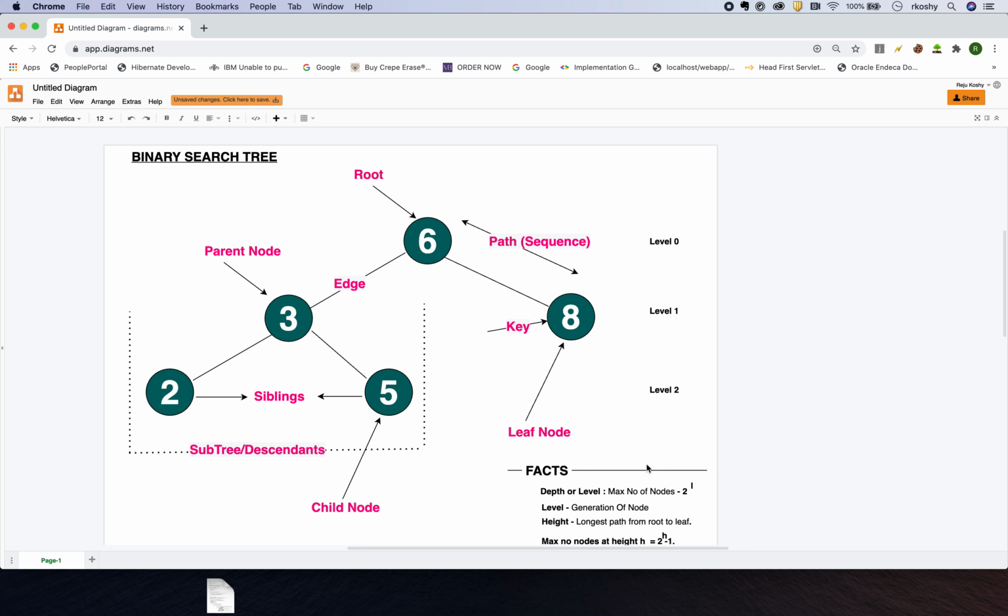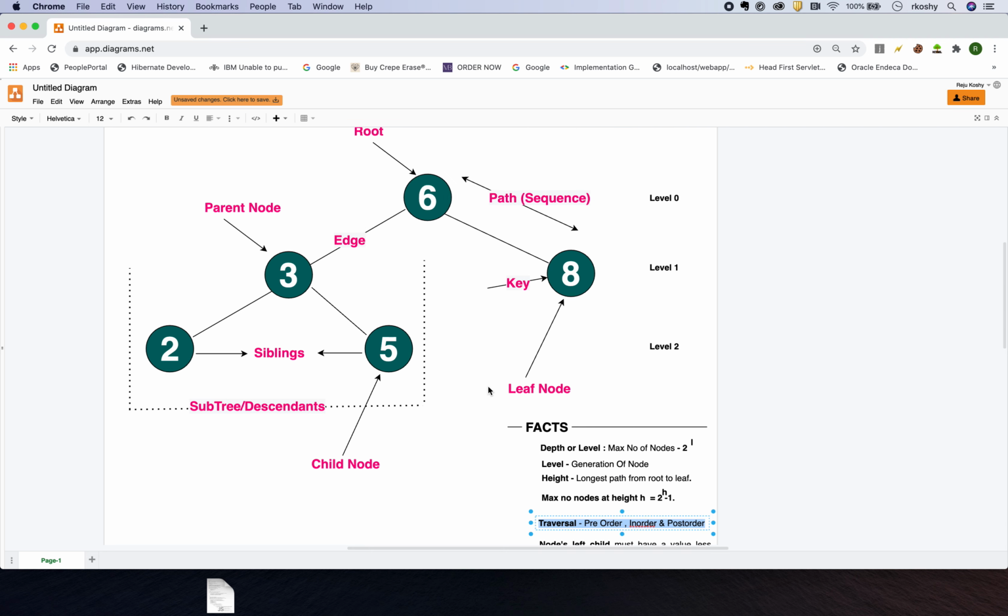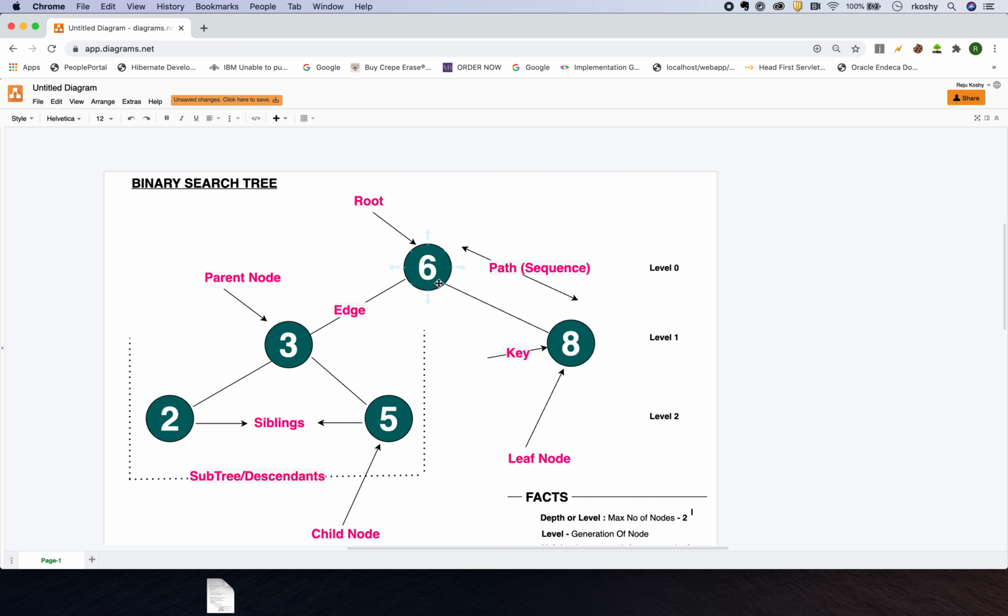So we use recursion, and in the case of pre-order, we will be calling recursively these three things: first the root, then left, and then right.